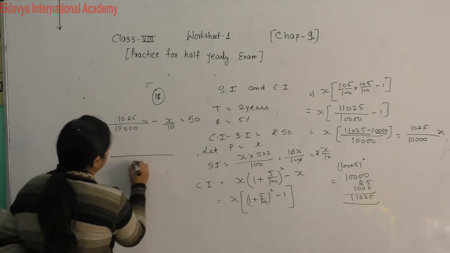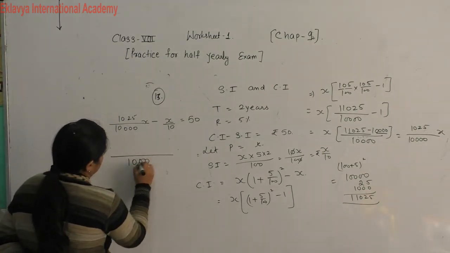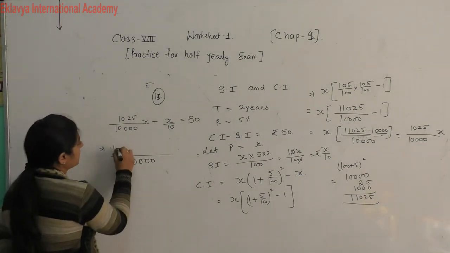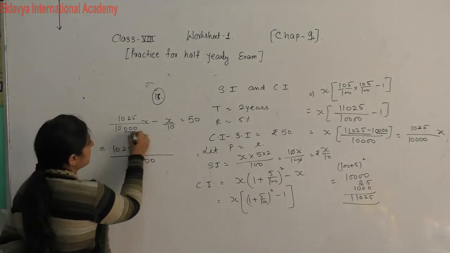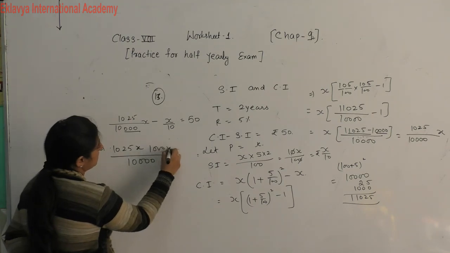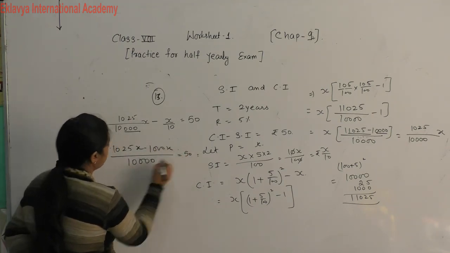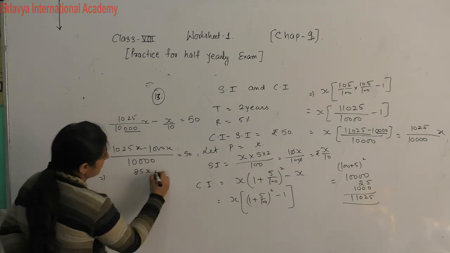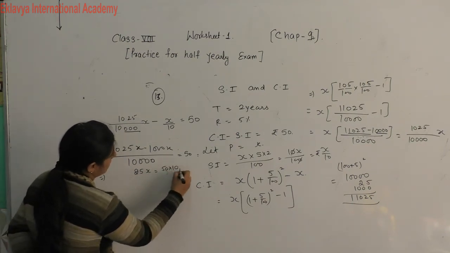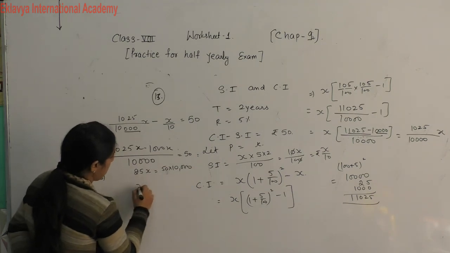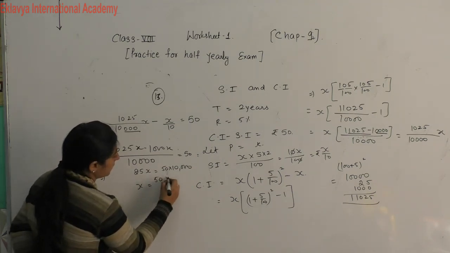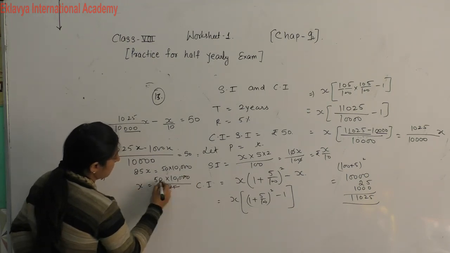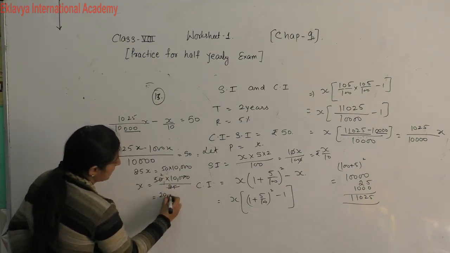Then find out the LCM, then it becomes 1025x minus 1000x over 10,000 is equal to 50. It becomes upper side only 25x is equal to 50 into 10,000. X is equal to 50 into 10,000 divided by 25. This is 20,000.